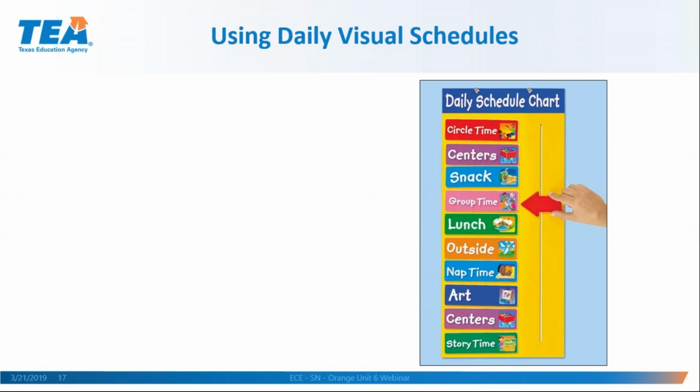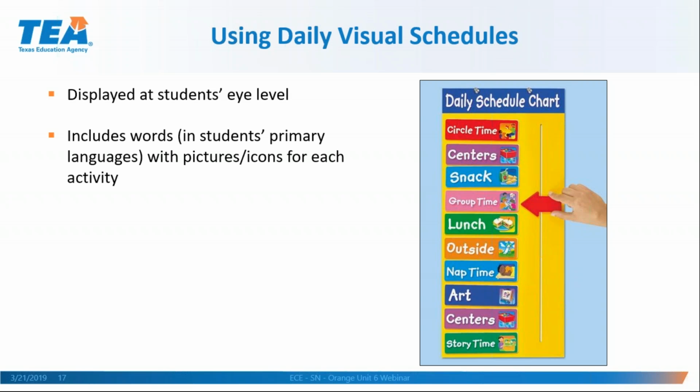So a daily visual schedule is a very good idea in a pre-K program. It should be displayed at the child's level because that is who is using it. It should include words and pictures for every single activity. And the words should be done in the student's primary language.